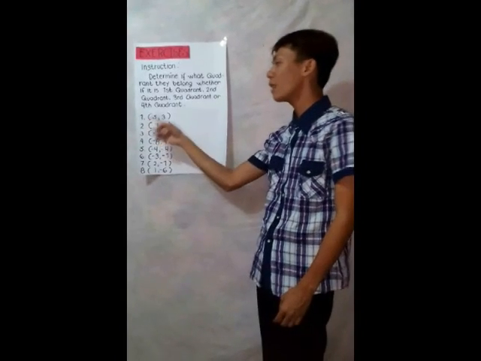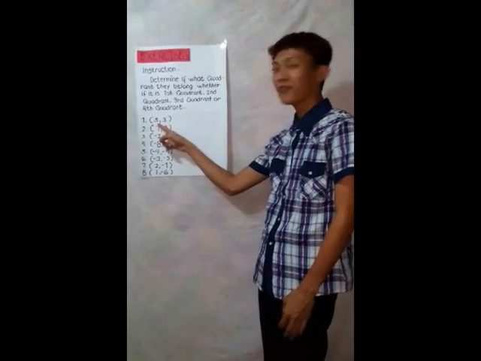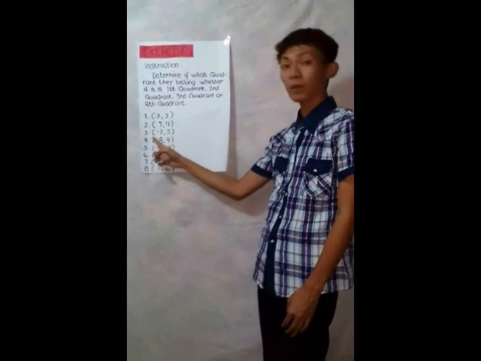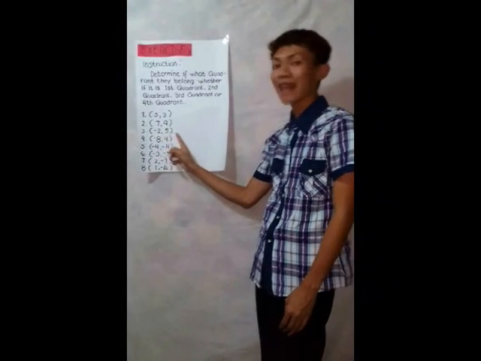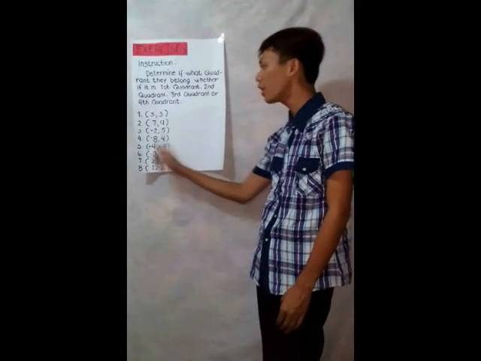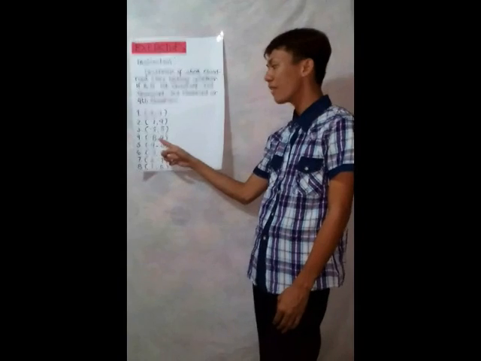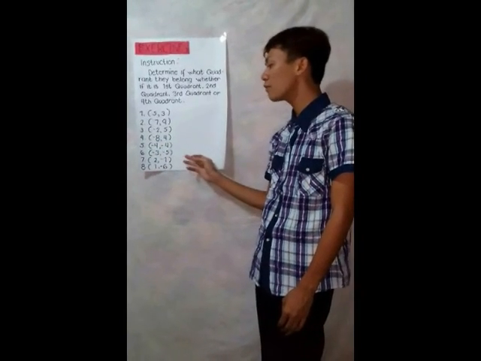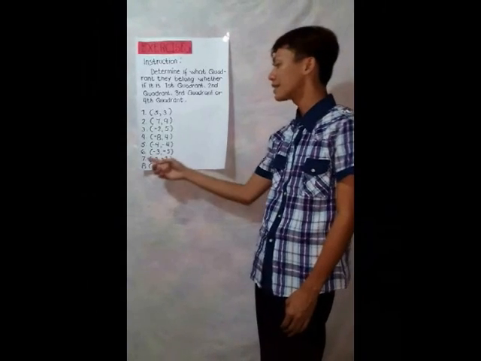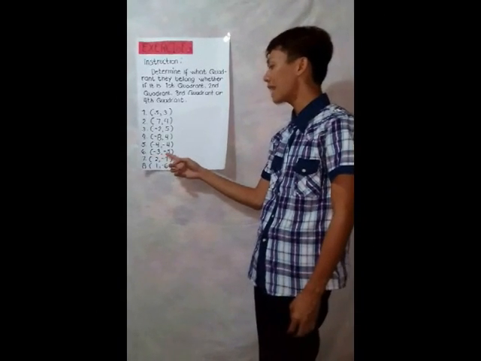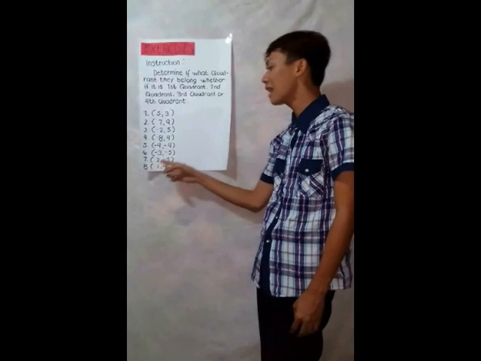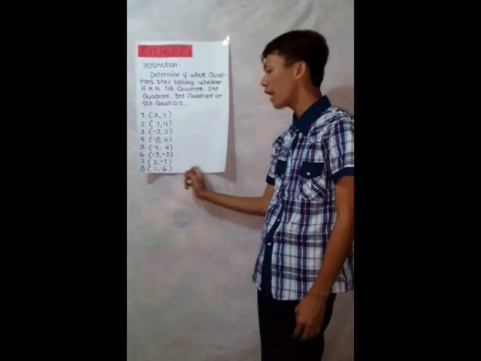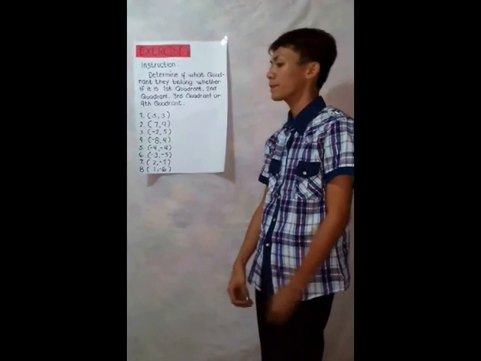So in number 1, 5 and 3. Number 2, 7 and 9. Number 3, -2 and +5. Number 4, -8 and +4. Number 5, -4 and -4. Number 6, -3 and -5. Number 7, 2 and -1. And last number 8, +1 and -6.